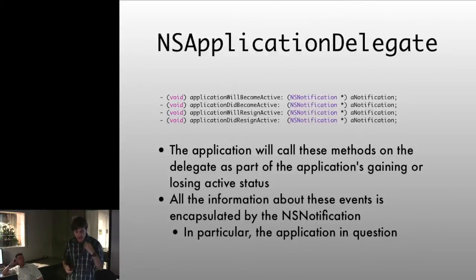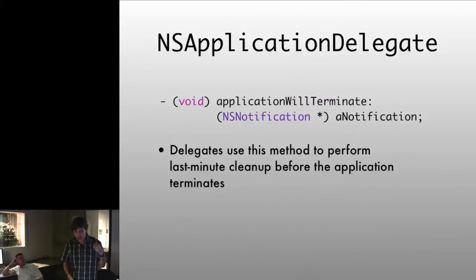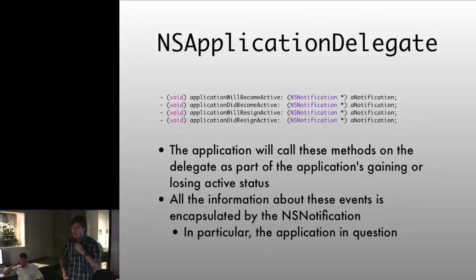So you notice that all these methods we've seen so far take as a parameter this NSNotification object, which encapsulates everything about this event, whether it's launching, terminating, becoming active, and such. In particular, one thing you can query that notification for is the application in question.